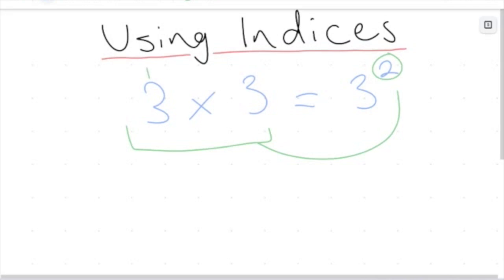So I have 2 3s multiplying by each other. So therefore 2, the amount of 3s we have here, would go up here. Now, that is what we call the power.